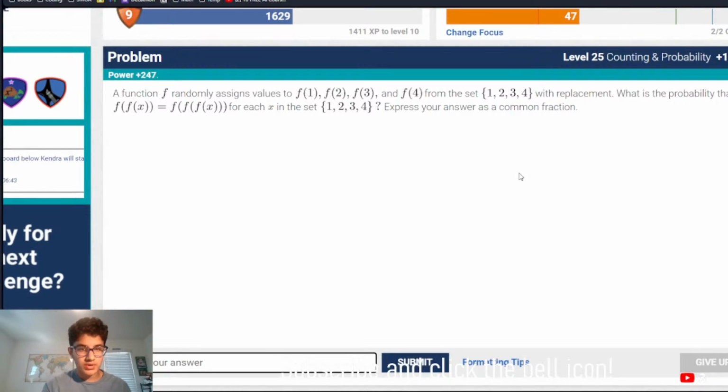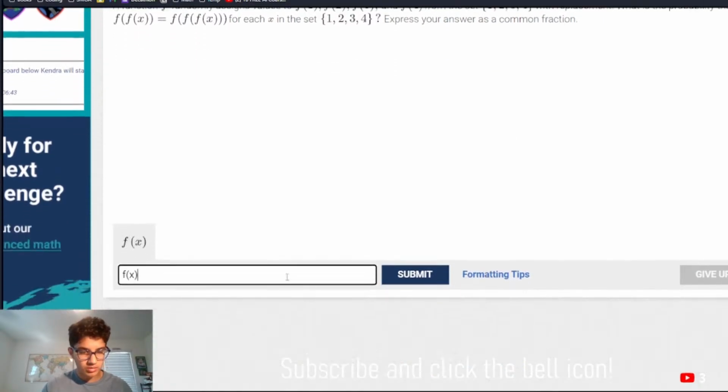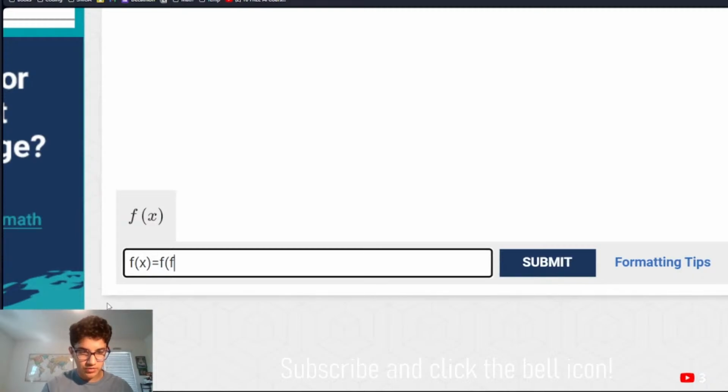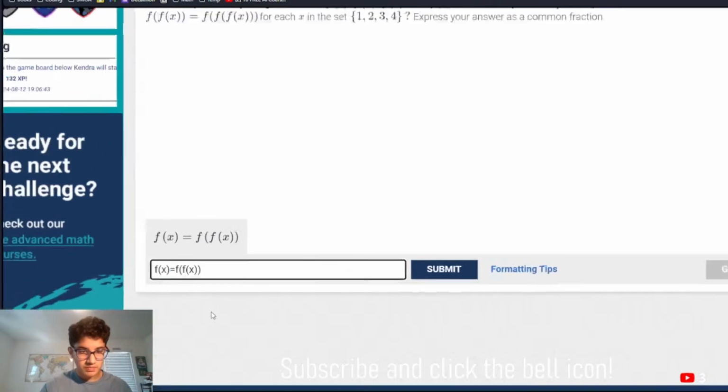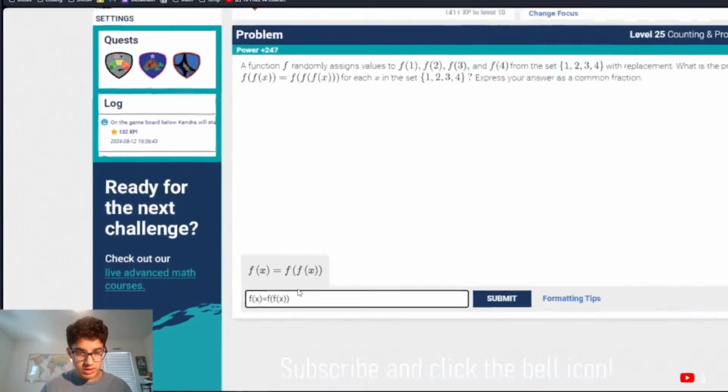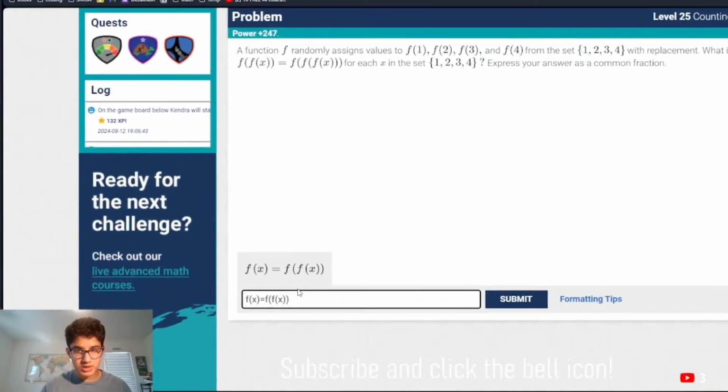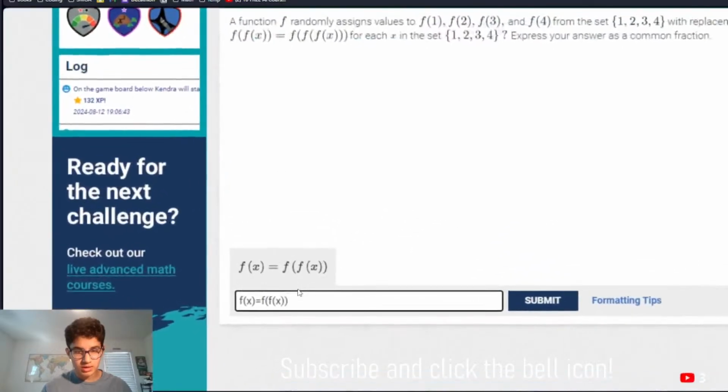So you can take the inverse of both sides once, I guess. That will give you f of x equals f of. I'm writing it at the bottom here. F of x equals f of x. So whatever x is, you want f of x to be the same thing, right?